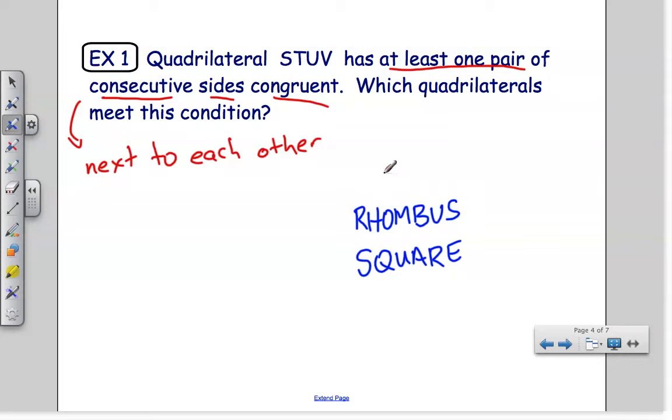Isosceles trapezoid, the legs are congruent, but those are opposite from each other. And then that last one was a kite. Oh yeah, definition of kite has two pairs of consecutive congruent sides, so it has at least one pair. So a kite fits in that category as well. So today, go through your chart or go through all the types and see if they meet a condition.